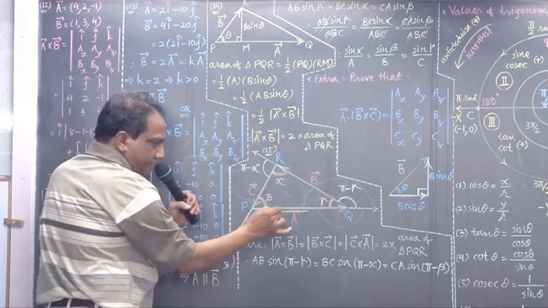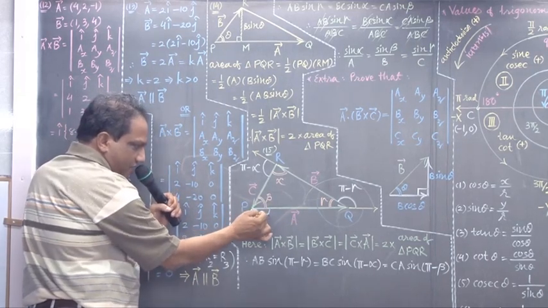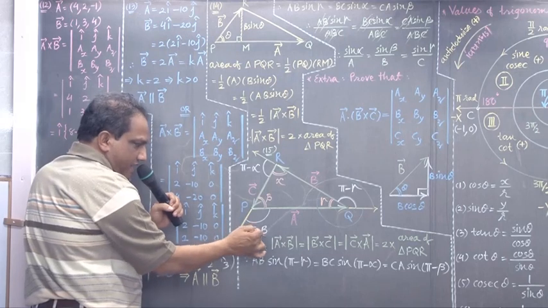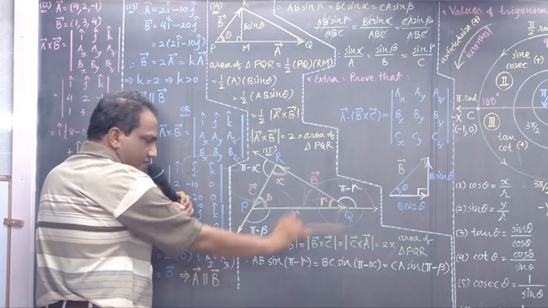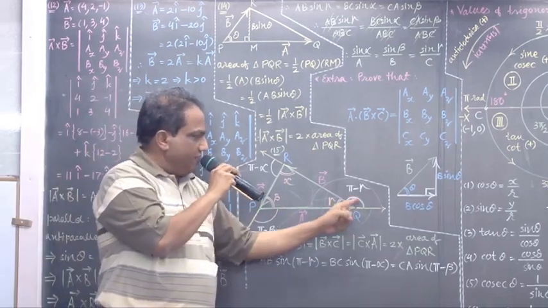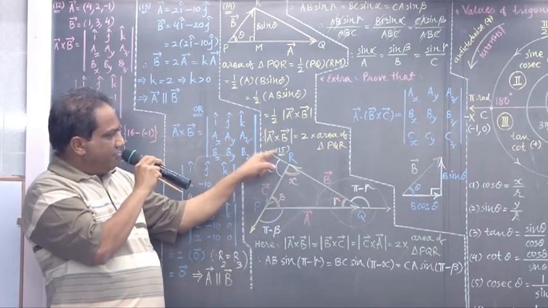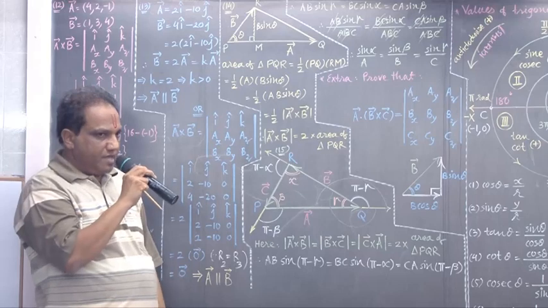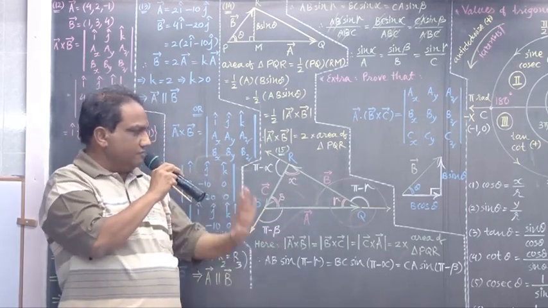Direction of vector A. If this angle is beta, how much is this? Pi minus beta, which is the angle between vector C and vector A. Correct? Repeat it. Angle between vector A and vector B. Angle between vector B and vector C. Angle between vector C and vector A.